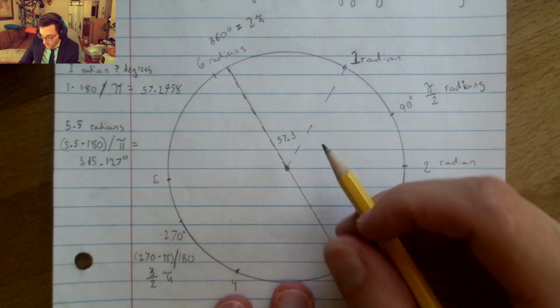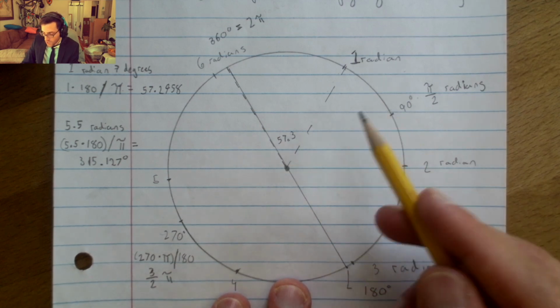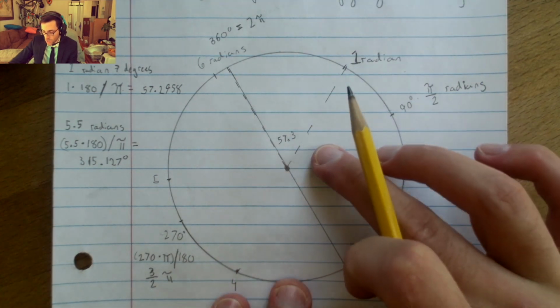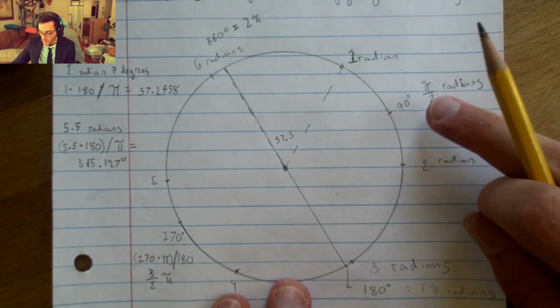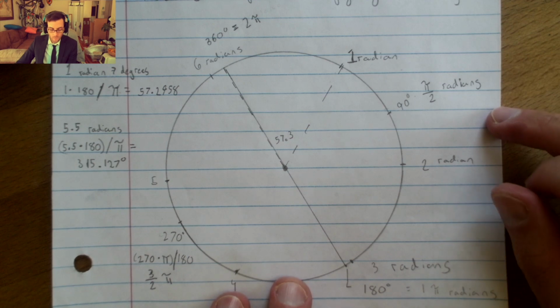Remember, when we're talking about this, we're talking about essentially this sector or section. How do we measure this section of the circle? There'd be pi divided by 2 radians.